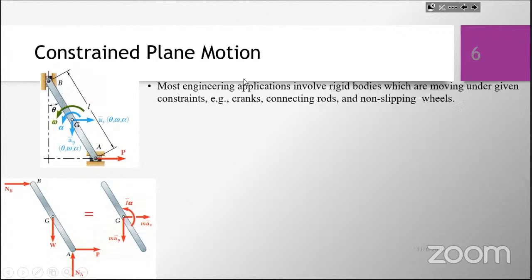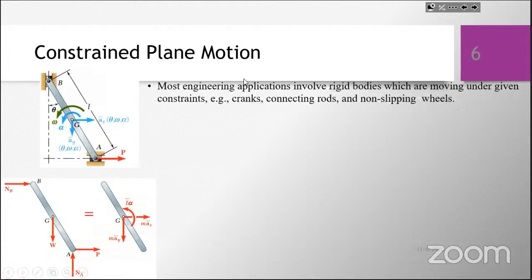Most engineering applications involve rigid bodies which are moving under given constraints, right? So these are real world problems. Your engine, pistons in your engine, it's not even a 2D problem. That's a 1D problem. It's constrained to move up and down.